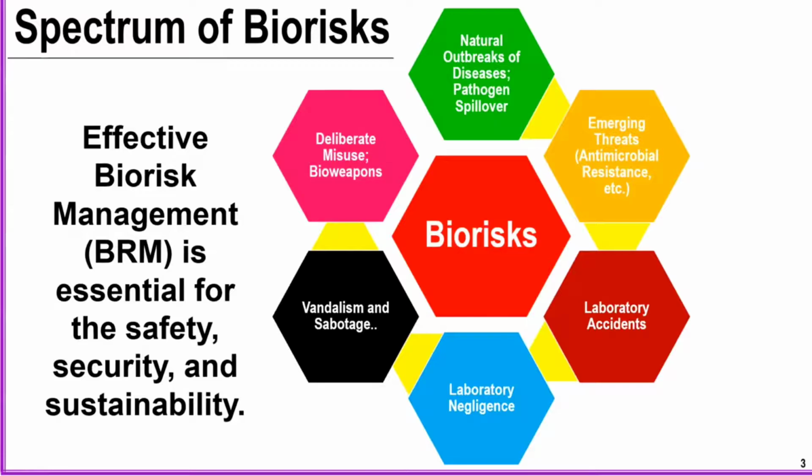In general, biological risk refers to the risk associated with biological materials, infectious pathogens, their derivatives, and toxins. When there is a spillover of pathogens from animals, birds, plants, insects, or soil, we refer to it as a natural outbreak.